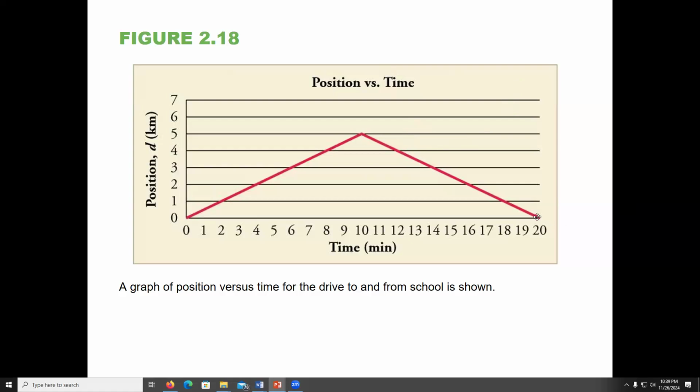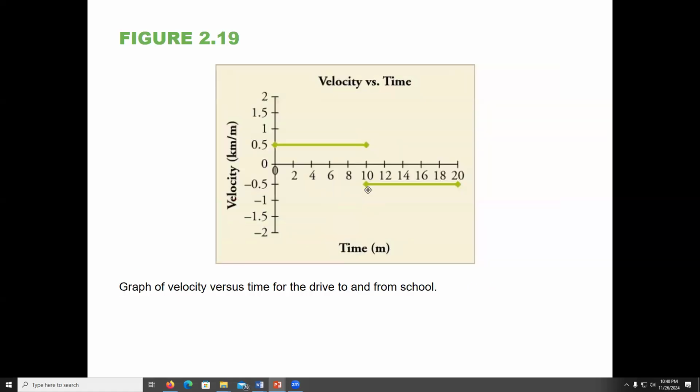And then by the time it was 20 minutes, we returned to D naught. We returned to our initial position. So a question would be, what is happening at minute 10? You say there is a reversal of direction. What happens at minute 8? You see that we have covered about 4 kilometers in 8 minutes.